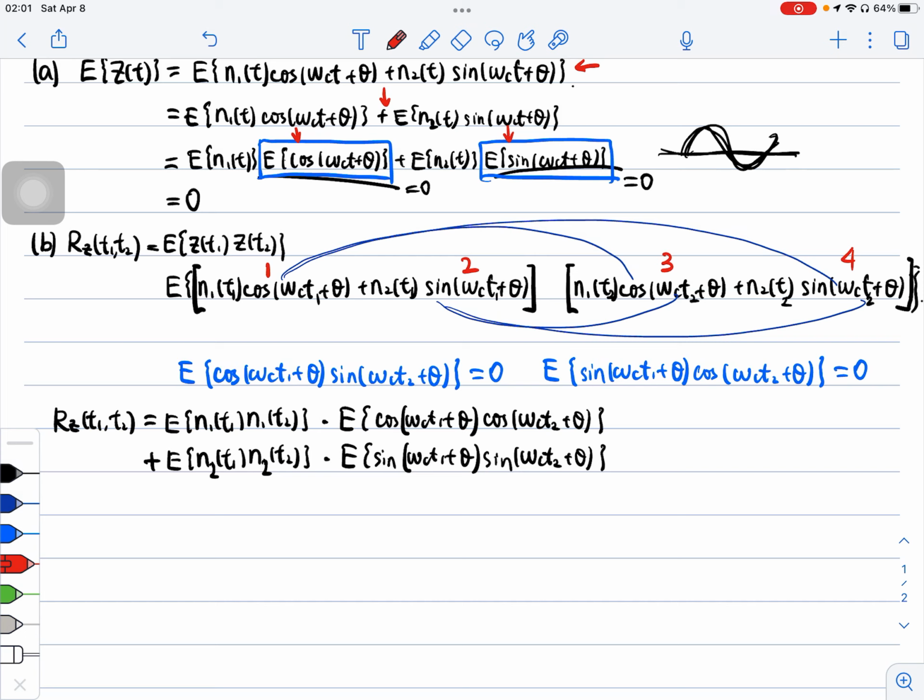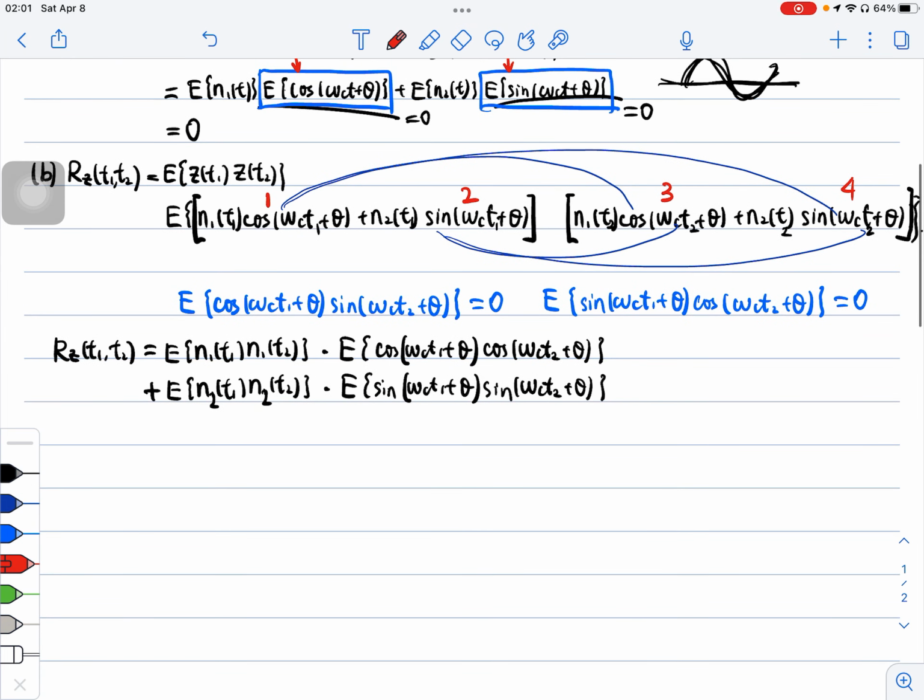Note that N1(t) and N2(t) are WSS, so we can note that the expectation of N1(t1) N1(t2) is just Rn1(t1 minus t2).